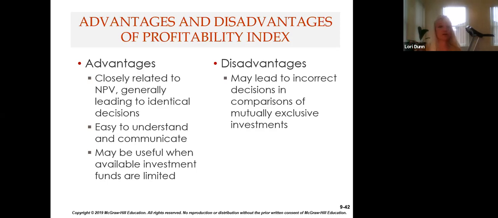Remember, you can only do one project or the other, so be careful of that. You want to make sure you're selecting the projects that the net present values are the highest on. And we saw that in that crossover point on our graph.